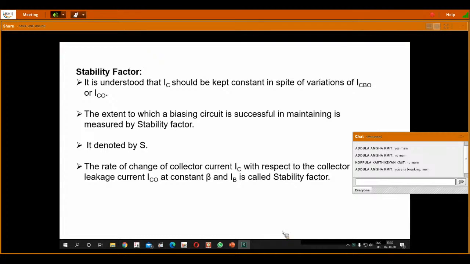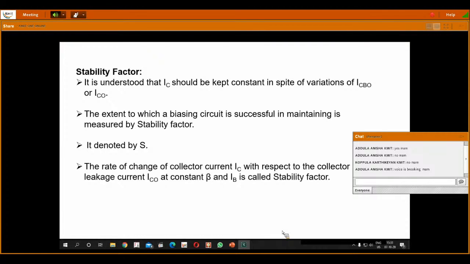At any cost, we have to maintain the collector current in spite of variations in the leakage current ICBO or ICO, in spite of variation in the current gain beta, and in spite of variation in the base to emitter voltage VBE. So the collector current must be maintained at a constant value in spite of ICBO, beta, or VBE.